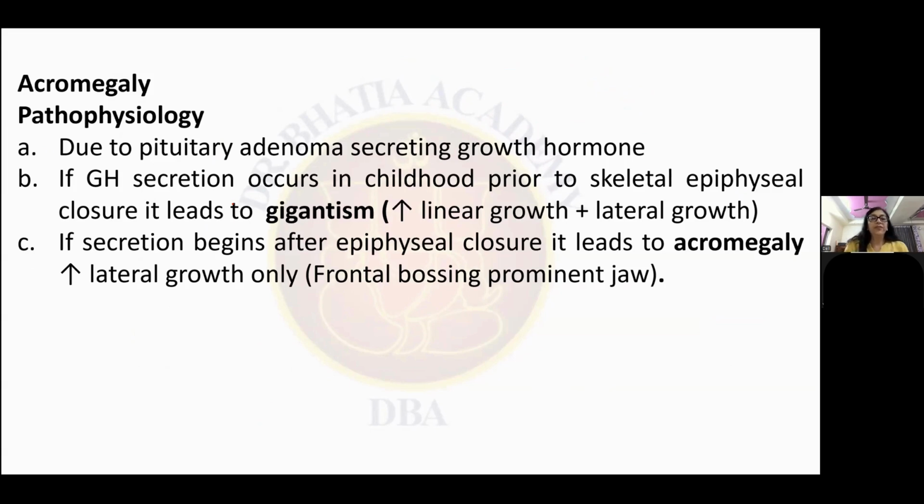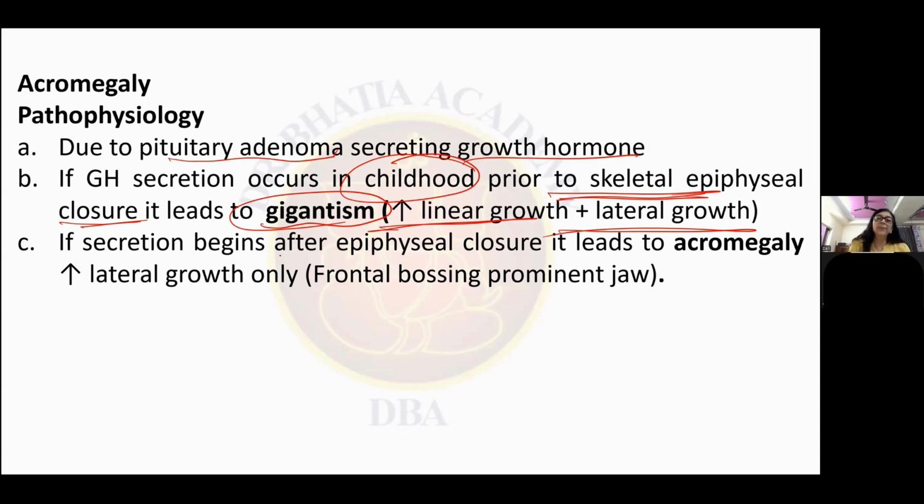Now, pathophysiology of acromegaly. Because of the pituitary adenoma secreting growth hormone, if this secretion occurs in childhood, that is prior to the skeletal epiphyseal closure, it will cause gigantism, that is increased linear growth as well as increased lateral growth.